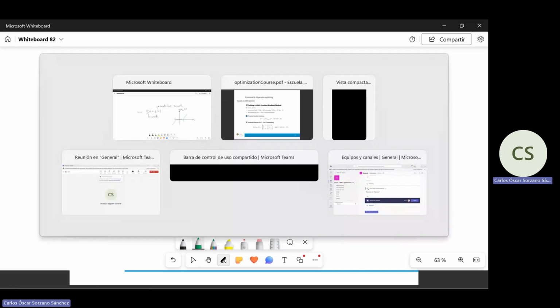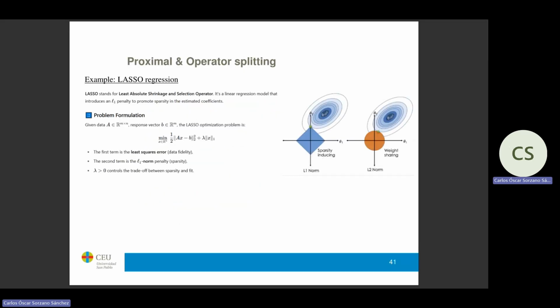The effect is that if you pass this vector through the projection operator, the large components will survive, but the small components will not survive. They will be set to 0. And then you are back into this case.